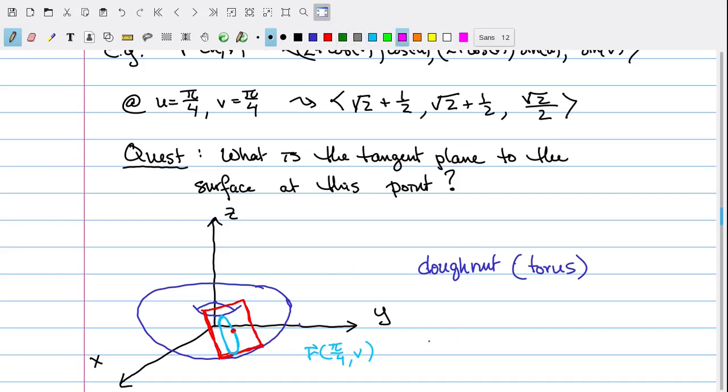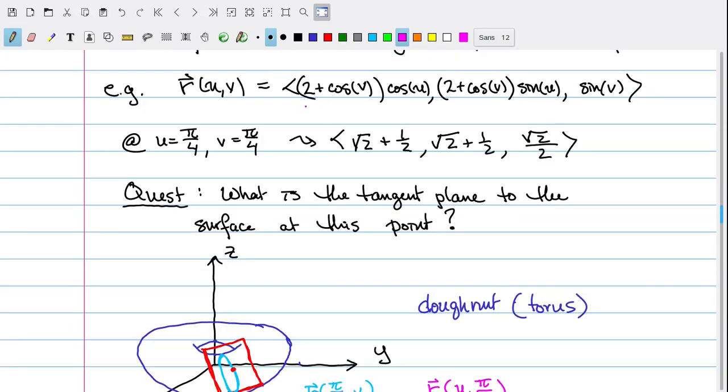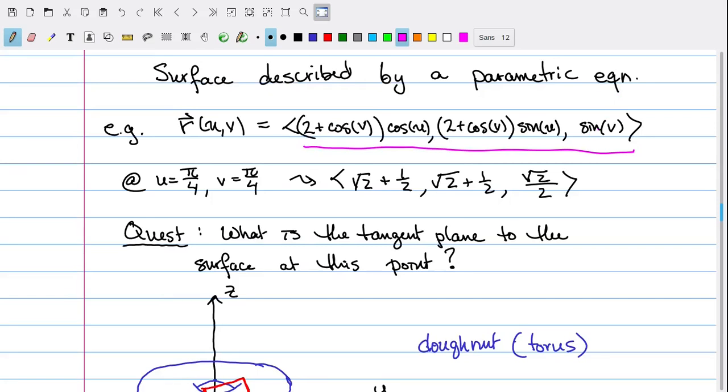Alternatively, what I could do is let u vary and keep v fixed at the value that I'm interested in, and make a curve r of u, pi over 4. In that case, if I plug that into my parametric equation up here, v is stuck at pi over 4, so in particular, the z value is fixed at root 2 over 2, but the u values are changing.